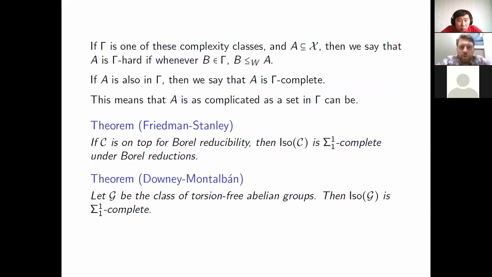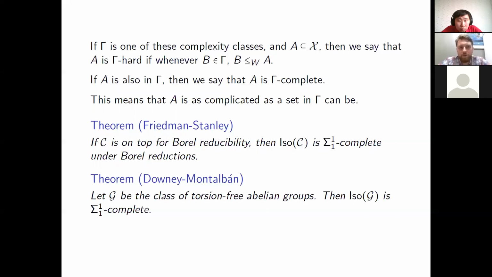Now, if you want to show that something is, for example, not Borel, then you have to use this idea of completeness. If you're familiar with computational complexity theory, like P versus NP, this is a very similar idea; the definitions are almost the same.